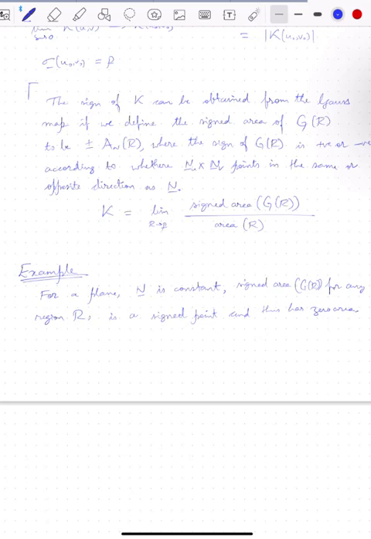So implying that a plane therefore has Gaussian curvature 0 everywhere.